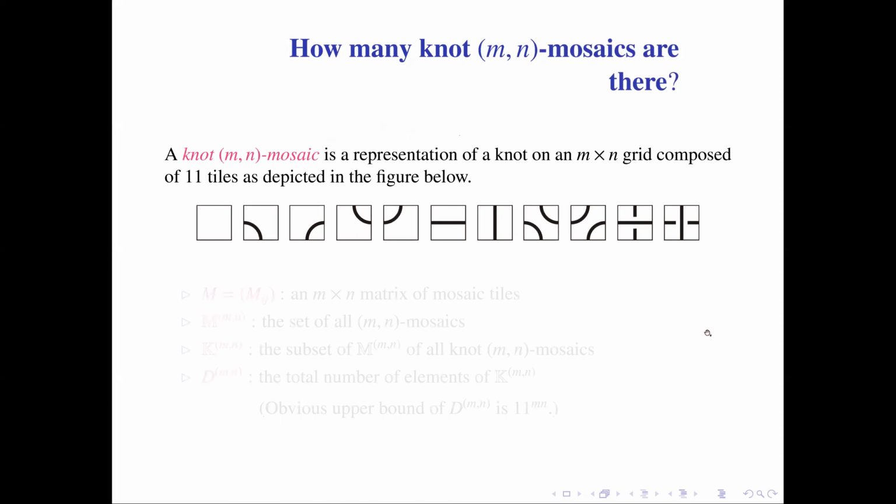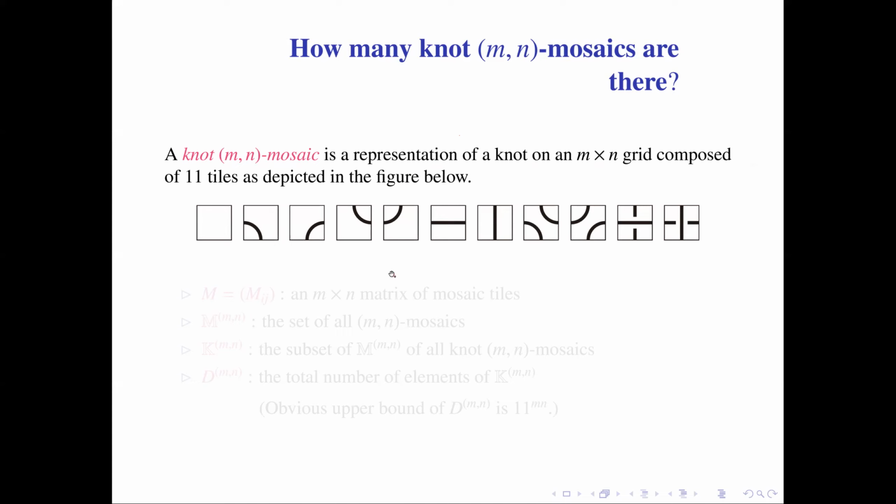So first, we define a knot m by n mosaic. A knot m by n mosaic is a representation of a knot on an m by n grid composed of the 11 tiles.